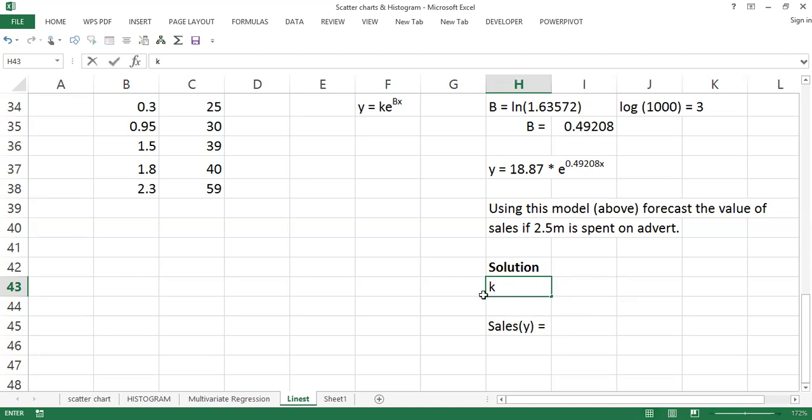Hope you know that K is the constant, the intercept. K is 18 points.